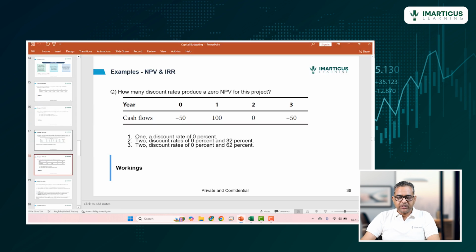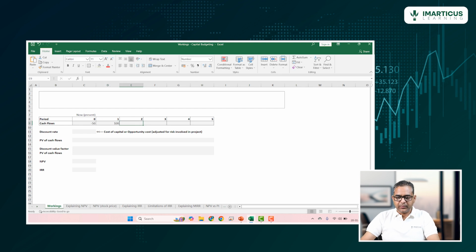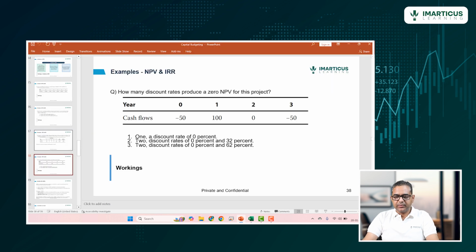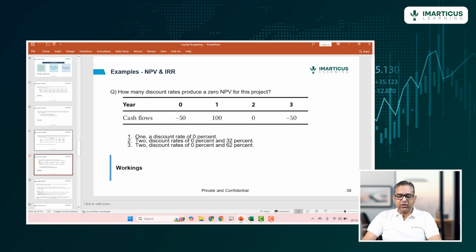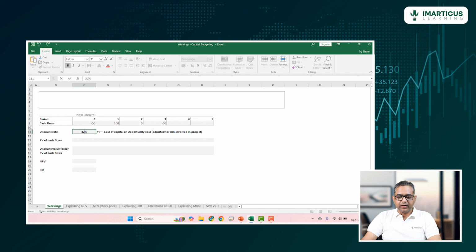Cash flows are -50, plus 100, 0, -50. Now, which discount rate will give us an NPV of 0? Let's try with a discount rate of 32%. What is the NPV we are getting?